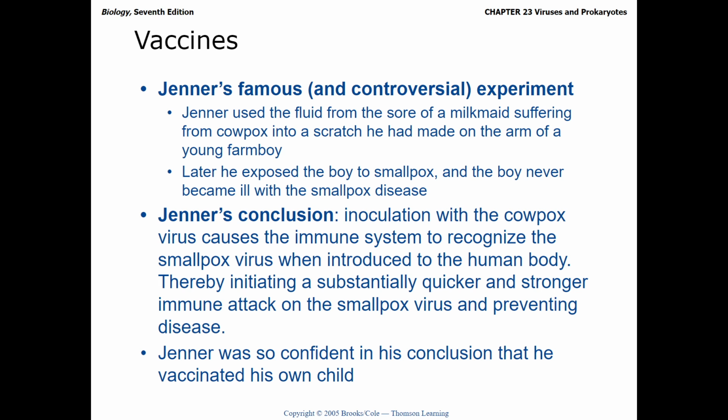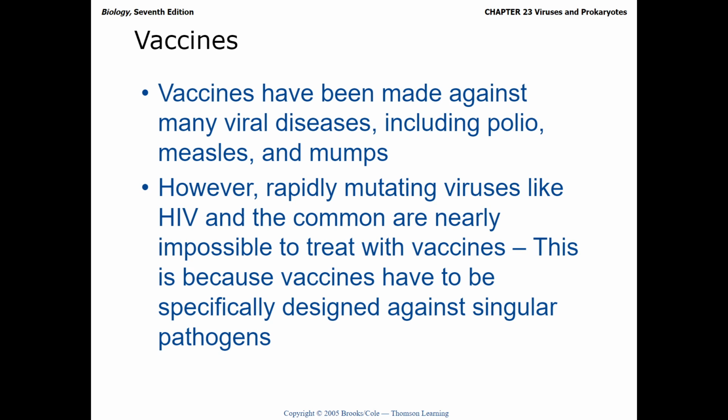So that supported Jenner's conclusion that inoculation with the cowpox virus causes the immune system to recognize the smallpox virus, making a stronger secondary action occur versus a primary reaction, which is slower when the individual did contract smallpox. So it thereby initiated a substantially quicker and stronger immune attack on the smallpox virus and prevented disease. He was so confident in his conclusion that he actually vaccinated his own child shortly thereafter.